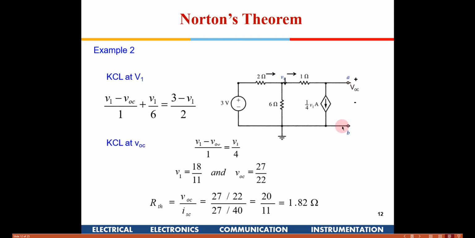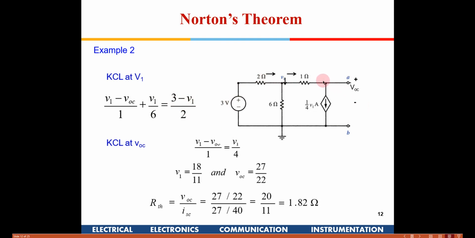So VOC, and then again we use the KCL at node 1. So V1 minus VOC, so this is the output voltage, we have taken it as open circuit voltage out here. VOC by 1 plus V1 by 6, okay, that is the current which is flowing into the 6 ohm, is equal to again this current into the 2 ohms resistor, which is 3 minus V1 by 2.